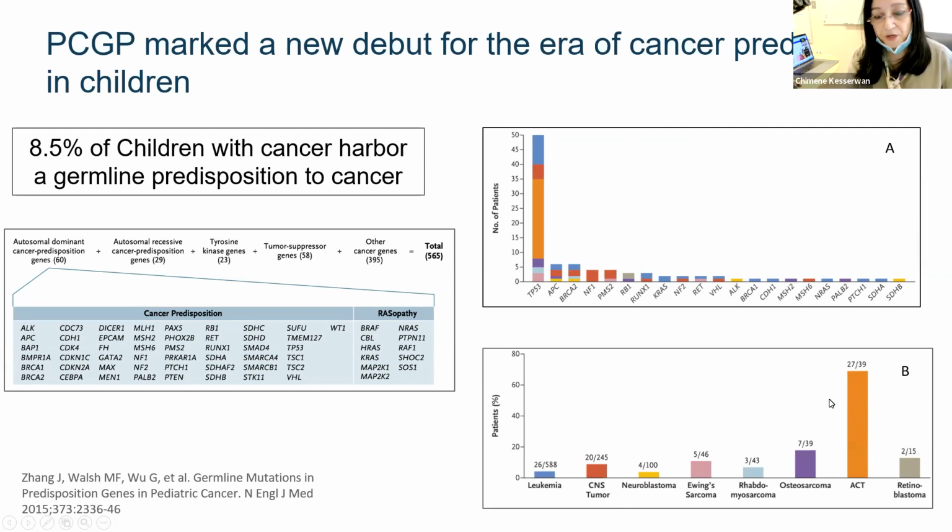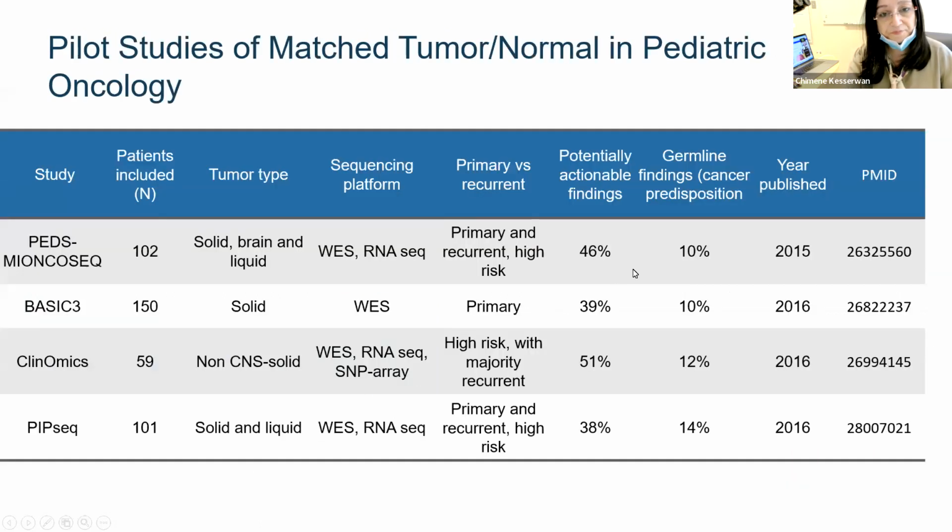And so we have Li-Fraumeni syndrome caused by the germline p53 variant, and this patient had an adrenocortical tumor. But at the same time, we found additional cancer predisposition variants in the non-cancer predisposing genes.